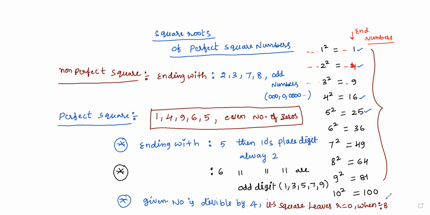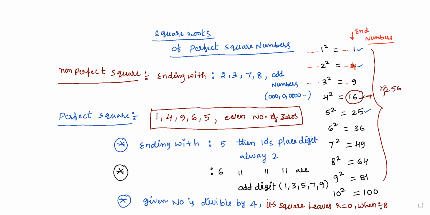That is the rule. Suppose, look here, a number is divisible by 4. If you take this number, it is divisible by 4. Then its square value, what is the square? 256.